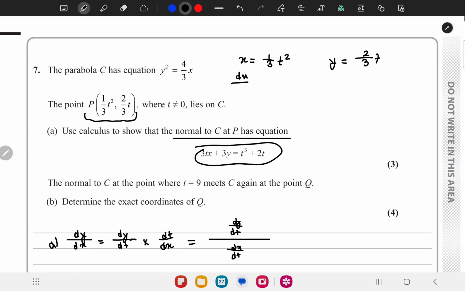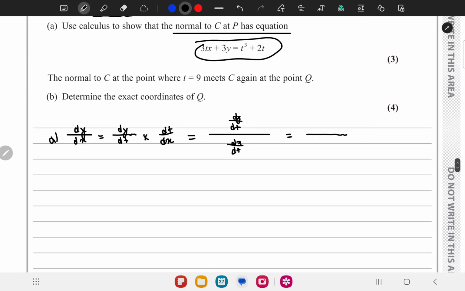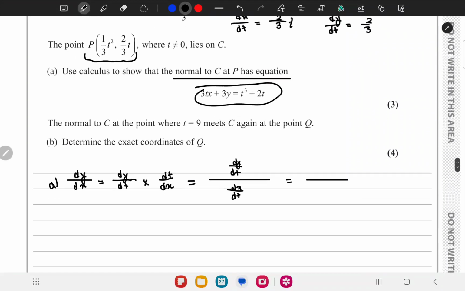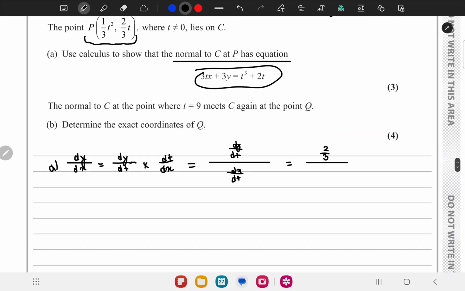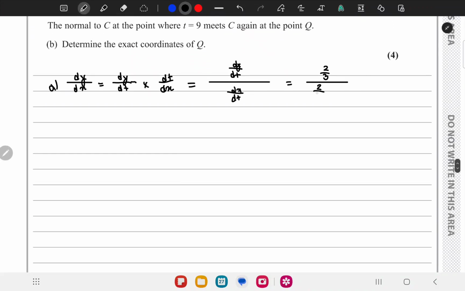So dx by dt would be 2 by 3t, dy by dt would be 2 by 3. So we'll have dy by dt, which is 2 by 3, divided by dx by dt, which is 2 by 3t. We'll basically get 1 by t.